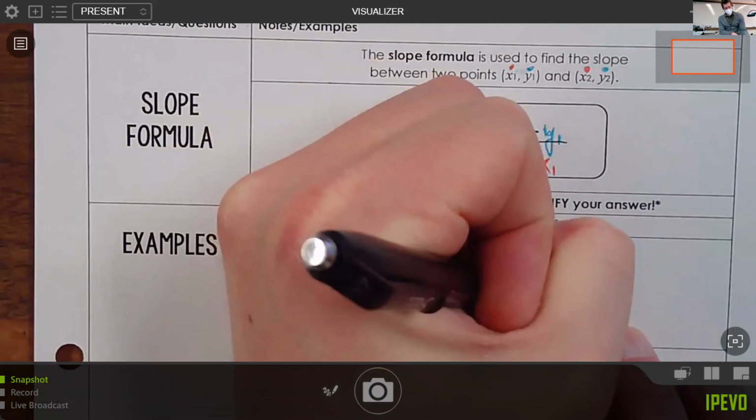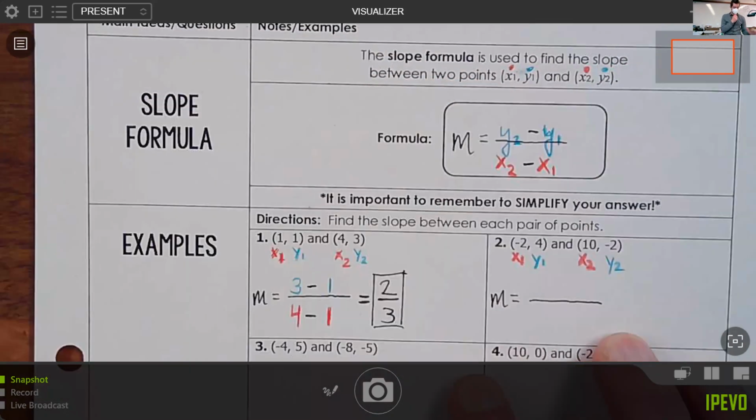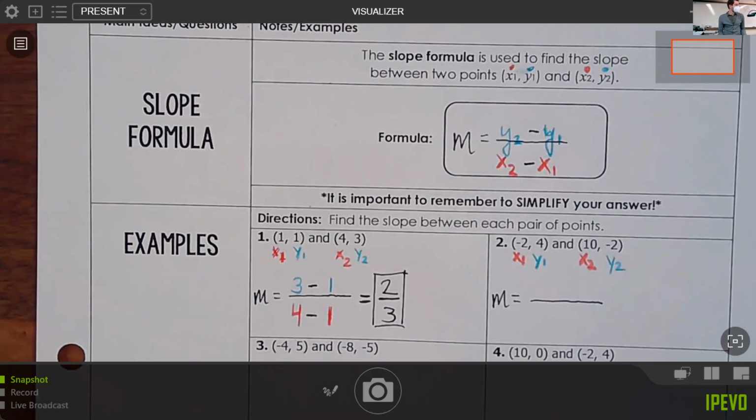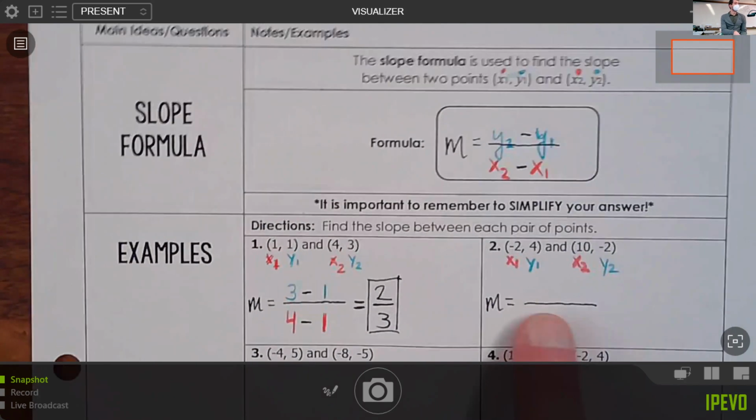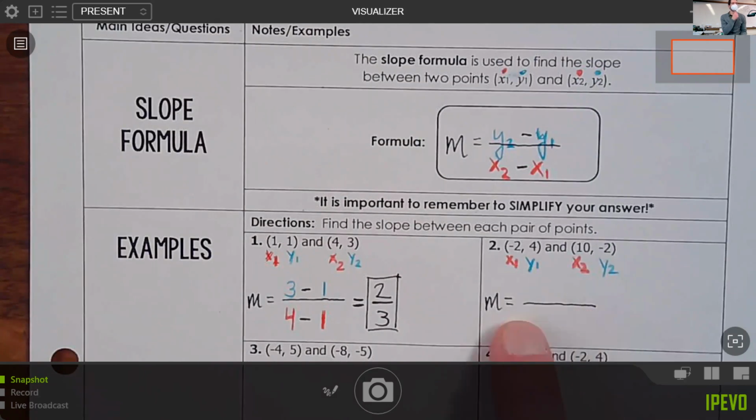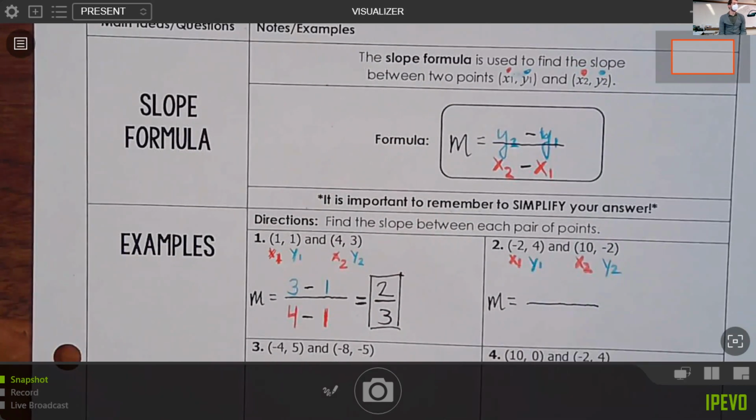We're going to say m equals, and set up our fraction bar. And somebody tell me, what is our numerator? What's going to be on the top? What math problem are we going to write on the top? Somebody let me know.